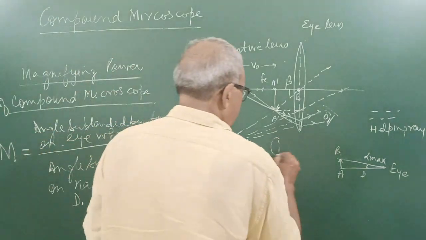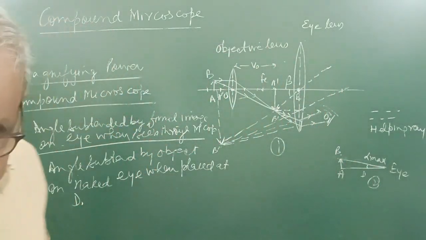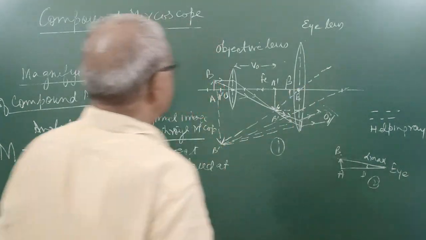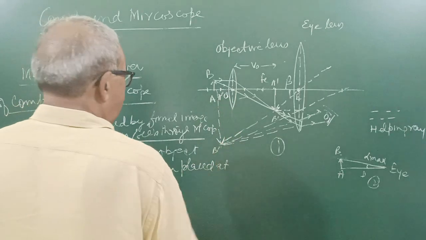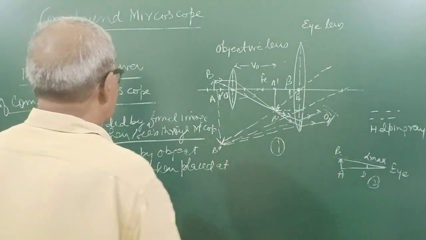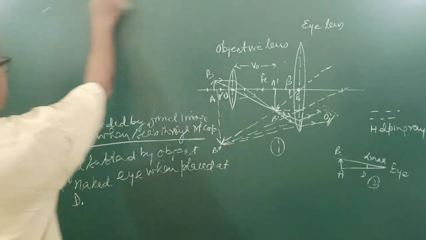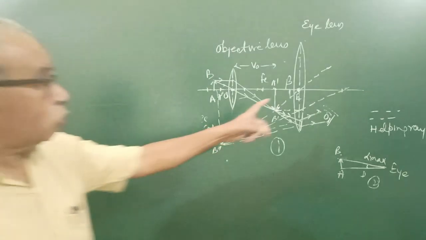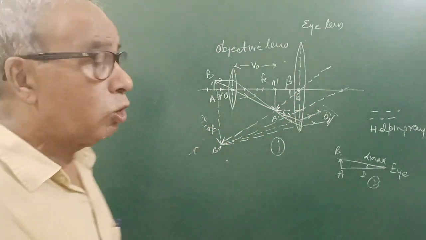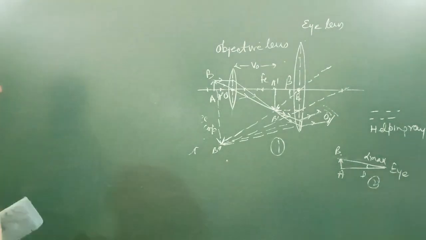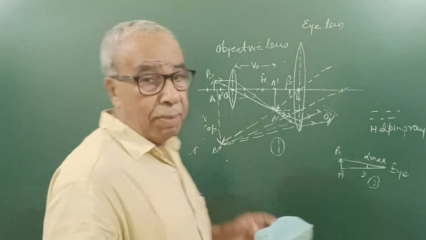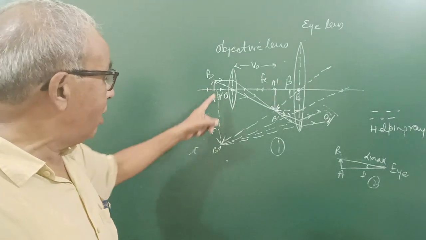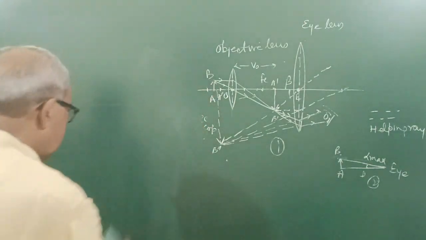This is figure 1, this is figure 2. In figure 1, actually beta is the angle subtended by final image A double dash B double dash on the eye lens.